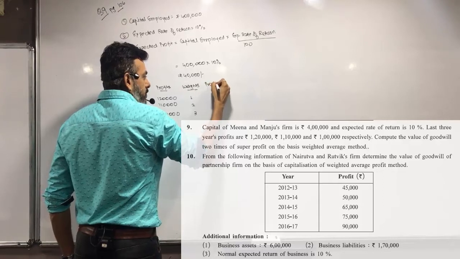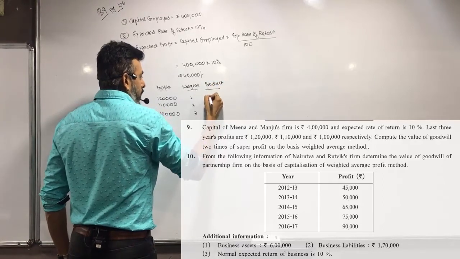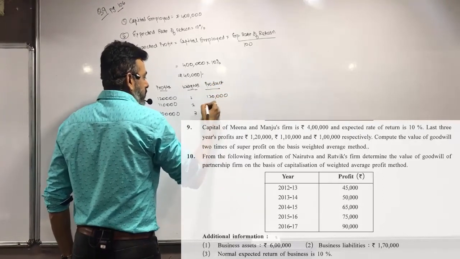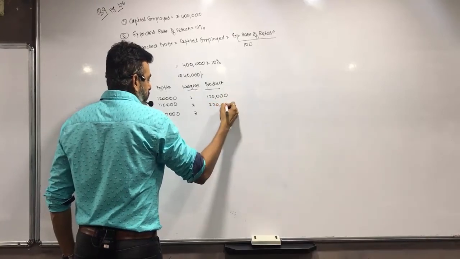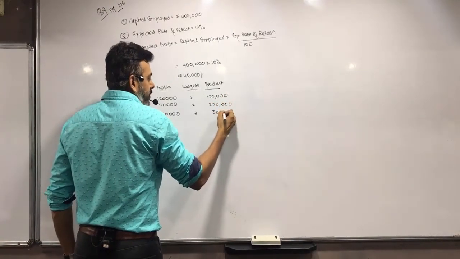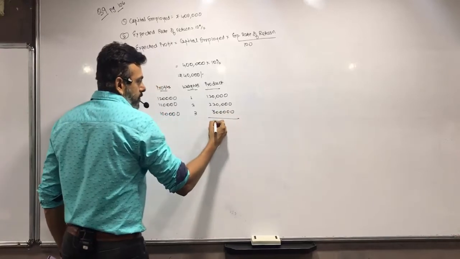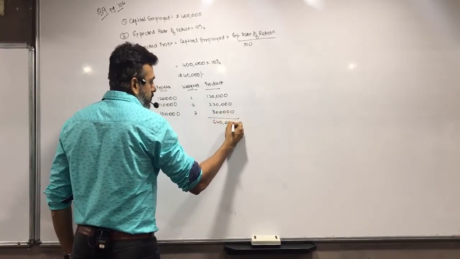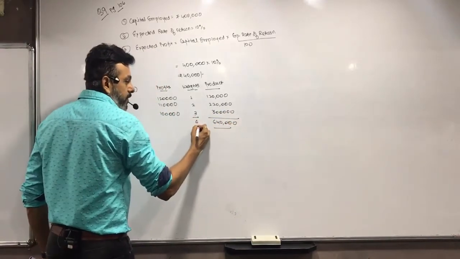Product: 1,20,000, 2,20,000, and 3 lakh, total 6,40,000, and total weight over here is 6.